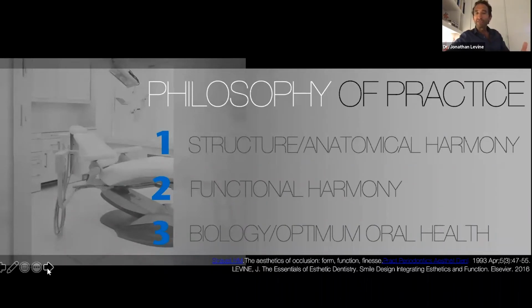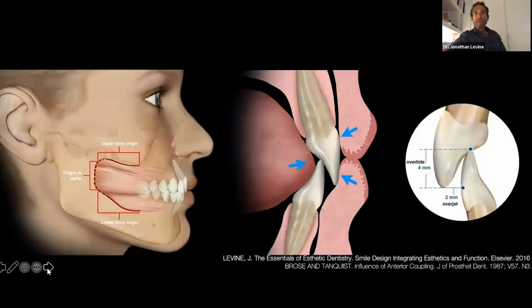We learned a lot of this, of course, in dental school and after at different levels of training. So when we look at, and this is from our book, but basically the concepts are from both Mark Brose and Dr. Lee, the concept of the biological model and the neutral zone from Earl Pound, and the musculature all coming together.